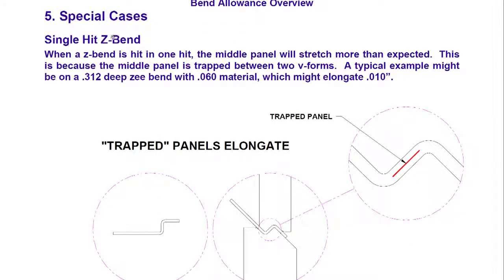We have a single hit Z bend, or when a Z bend is hit in one hit, the middle panel will stretch more than expected. This is because the middle panel is trapped between two V forms. A typical example might be a 0.32 bend with 0.06 material, which might elongate by 0.01. These are inches.